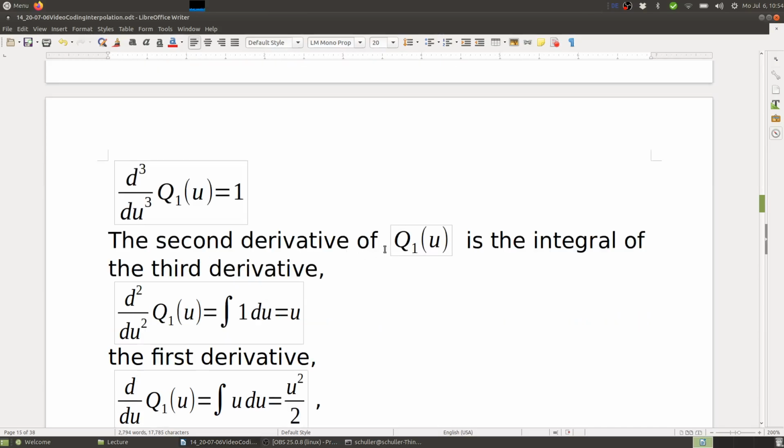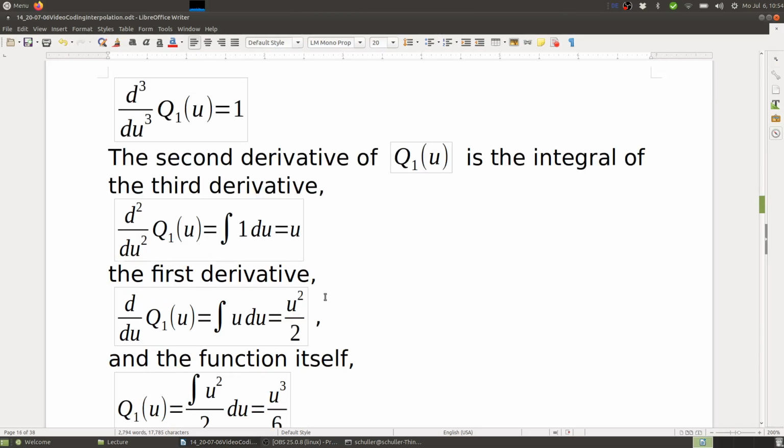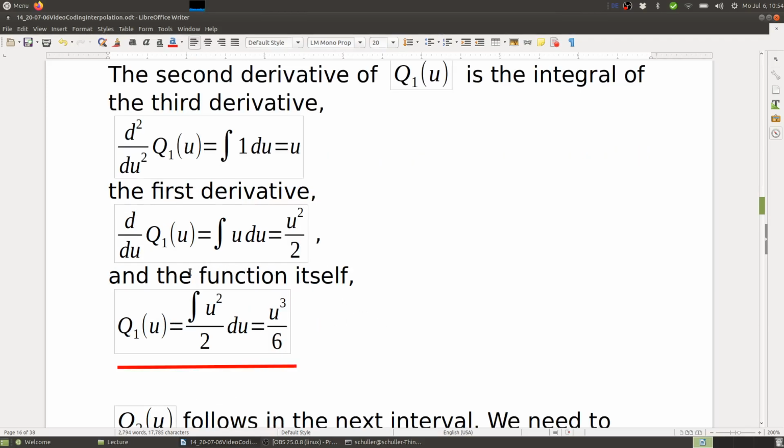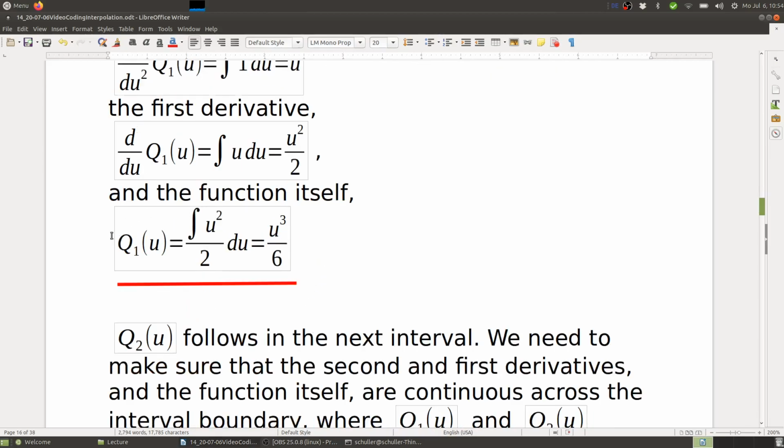Then we integrate it to obtain the second derivative, and we simply get the function u. Right, then we integrate again to obtain the first derivative. U integrated with respect to u is u squared over 2. Right, and then integration again. This integrated becomes u to the third power over 6. Right, and this is now the desired function, the desired polynomial for the first interval.